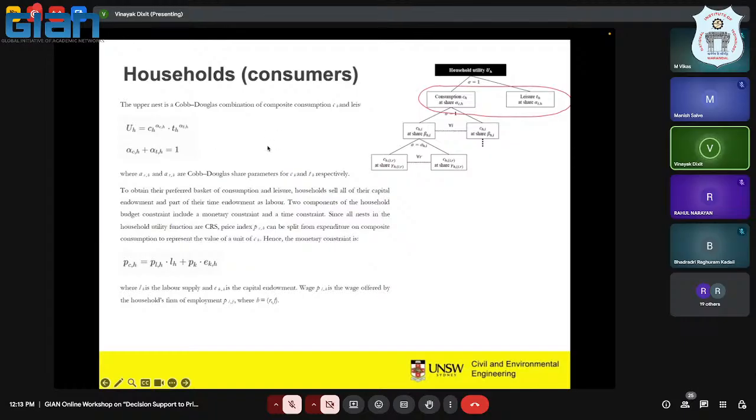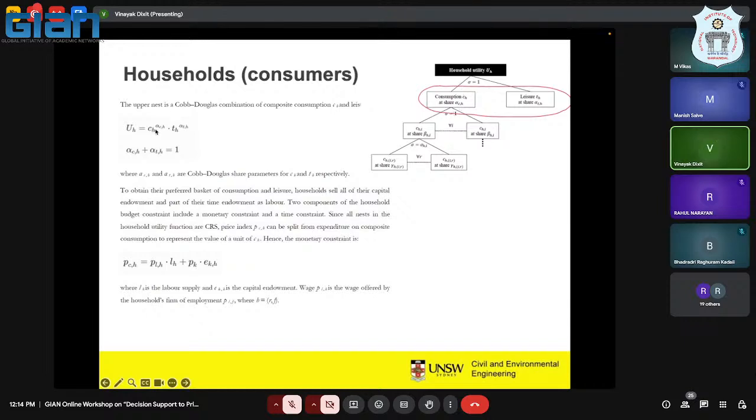So this gives an example of how a household consumer makes this first choice: consumption versus leisure. So U_H of a household is C_H to the power alpha_CH multiplied by T_H, which is the leisure time, to the power alpha_TH. These are parameters, and these two should sum to 1. Then there's a nested aspect of it.